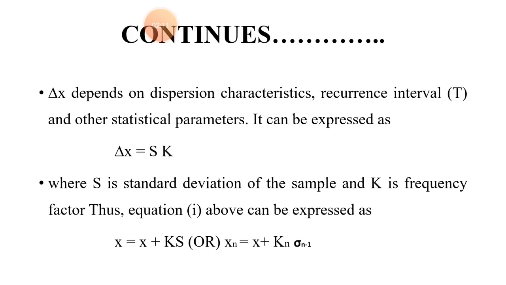Delta x depends on dispersion characteristics, recurrence interval, which is nothing but the return period, and other statistical parameters. Also delta x is equal to capital S into K, where S is the standard deviation of the sample and K is the frequency factor.